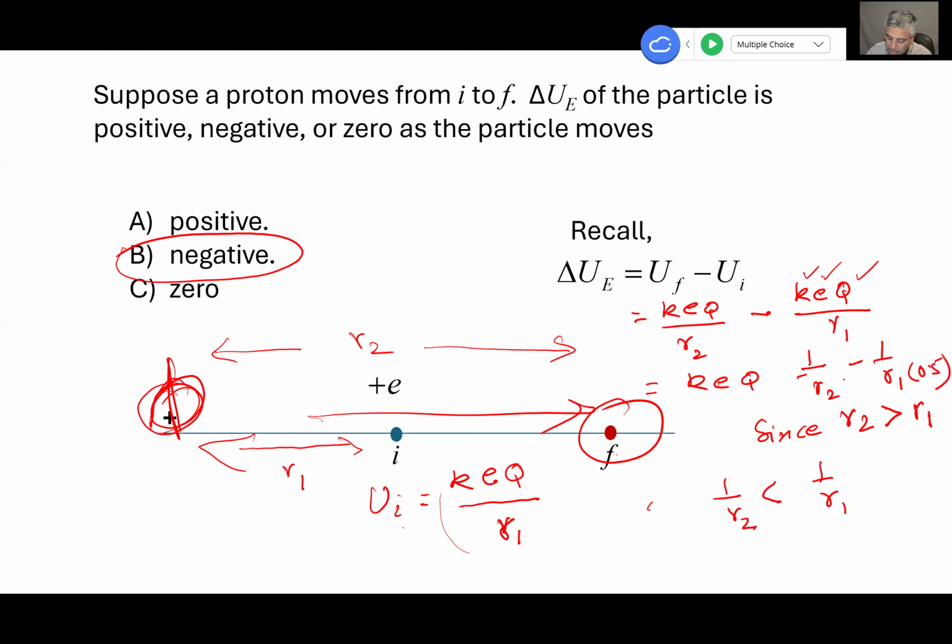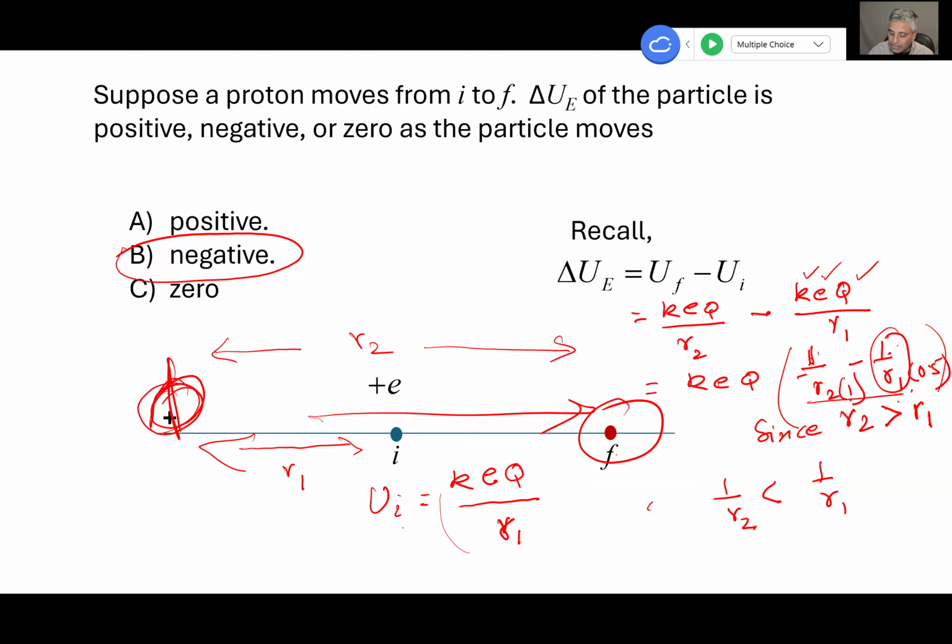We don't need numbers, you can tell without numbers, but just in case. So this is 1 over 1, and this is 1 over half, which means this is 2. When you divide by a smaller number, the result is going to be larger, right? So it's like subtracting 1 minus 2, which means it's going to be negative, okay?